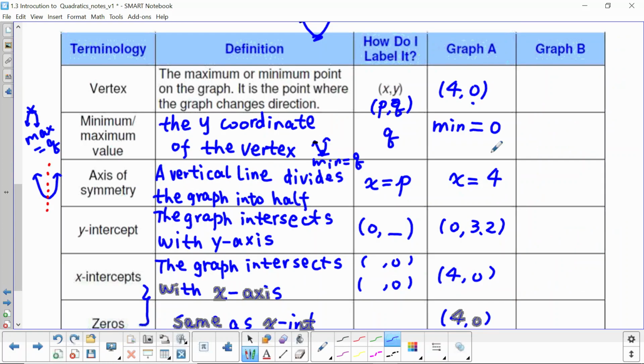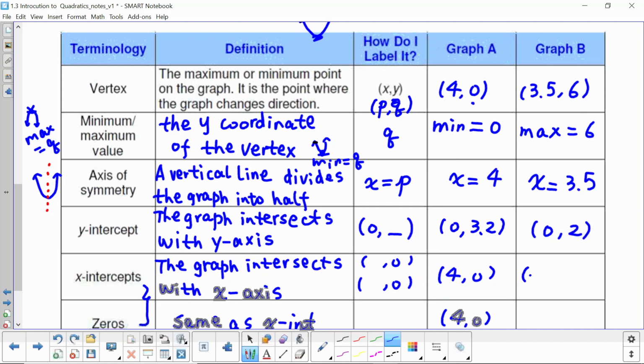Then we are going back to copy all these answers into this chart. For this graph, the vertex is 3.5, comma 6. It opens down, so you have a maximum equals 6. The axis of symmetry equals the x coordinate of your vertex, and the y-intercept is 0, comma 2.